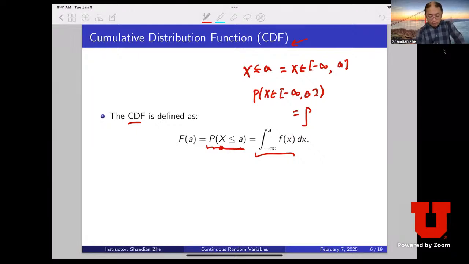The lower limit will be minus infinity, and the upper limit will be A, and the integrand is the PDF function. Okay, so that's how we get here.